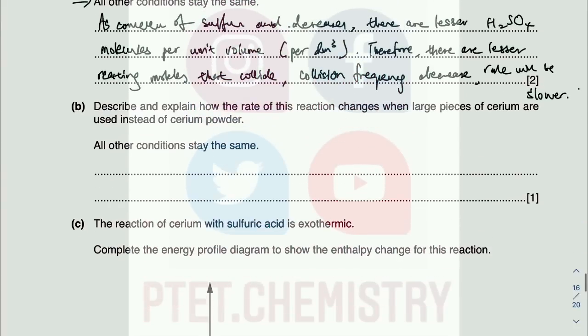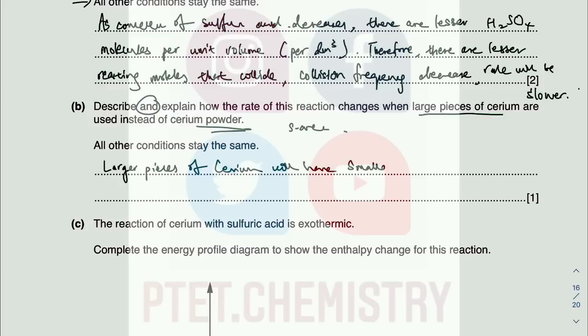All right, when you use large pieces versus powder, it's talking about surface area really. So for larger pieces, you have to describe and explain again. Larger pieces of cerium will have smaller surface area than powdered cerium.